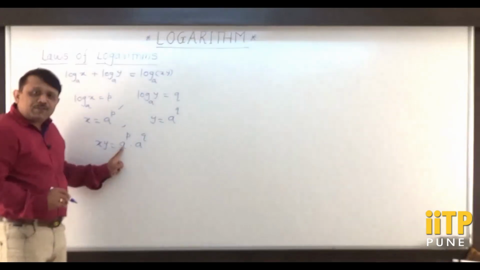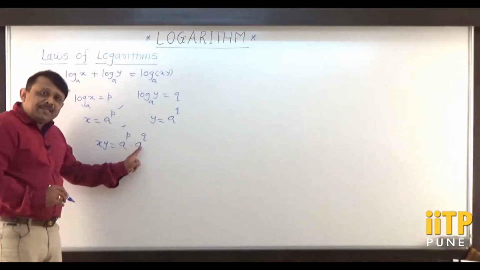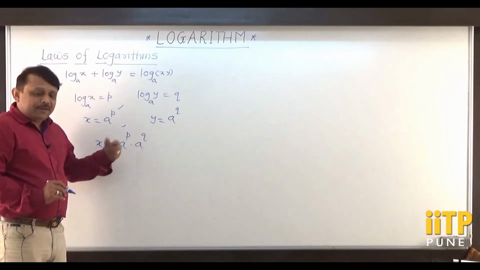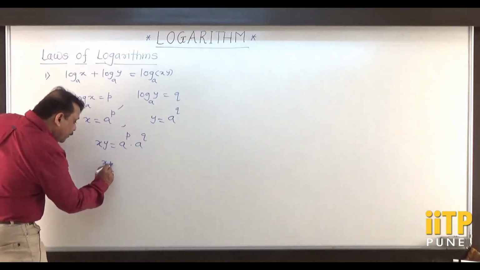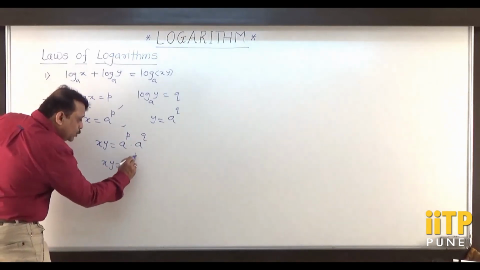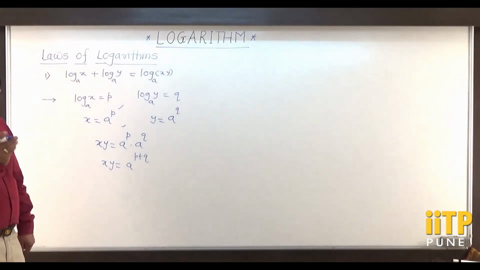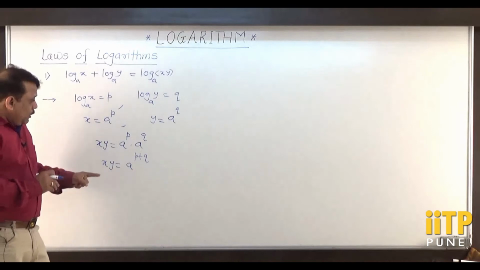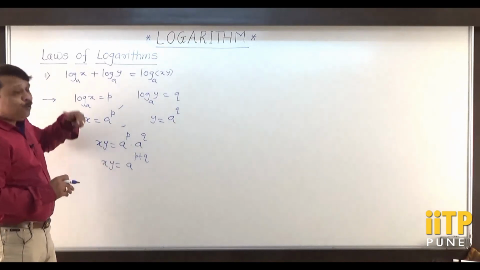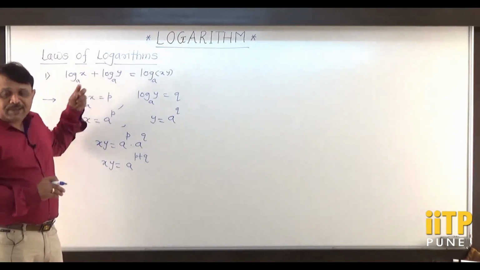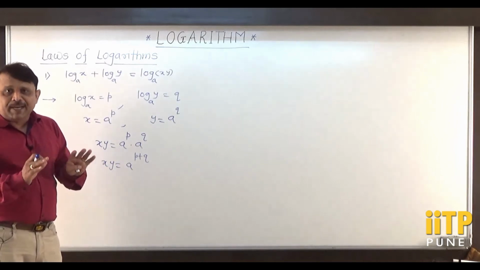Now from the laws of indices, we know that if the base is same, we can add the powers. So this means xy is equal to a raised to p and q being added, we get a raised to p plus q. Now using this, I want to go back to the result which contains log, everything in terms of log.